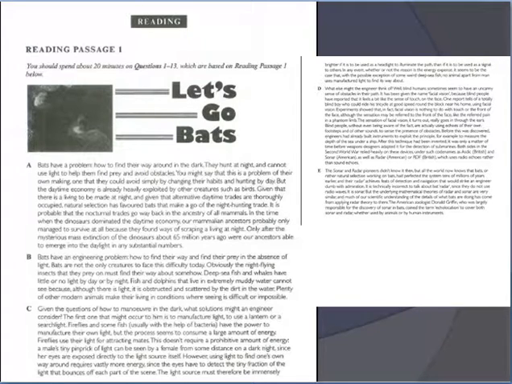So this is a typical example of reading passages. You can see that it is written reading passage 1. In the same way, there will be reading passage 2 and reading passage 3. Sometimes it is supported by a graph or a picture, as you could see over here. Sometimes some figures and charts will be there.